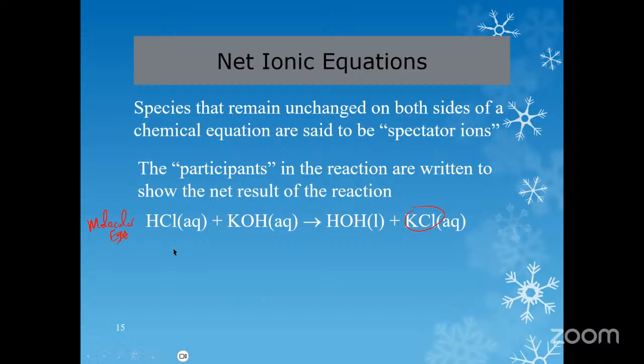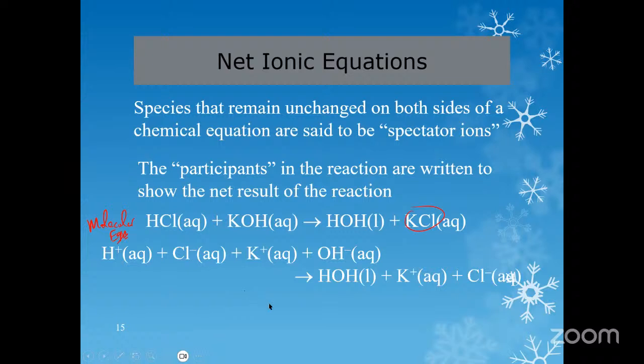So how do we get from the molecular equation to the ionic equation? We break up all the compounds we expect to undergo complete dissociation: the strong acid, the strong base, and the ionic compound in an aqueous solution. And this will be the result. The HCl will break up to form H plus and Cl minus. The potassium hydroxide will dissociate to form K plus and OH minus.